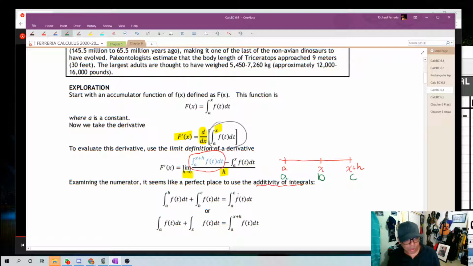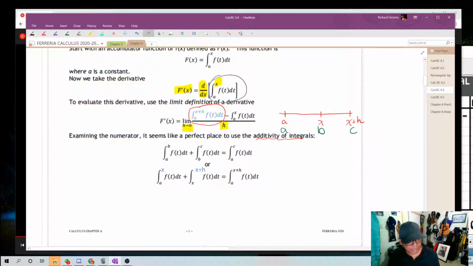So the integral from a to x plus the integral from x to x plus h is the integral from a to x plus h.